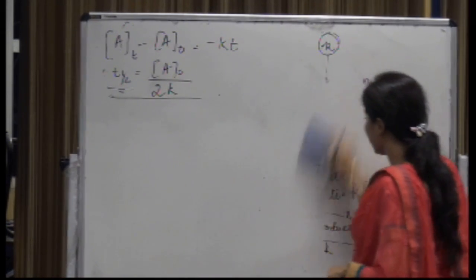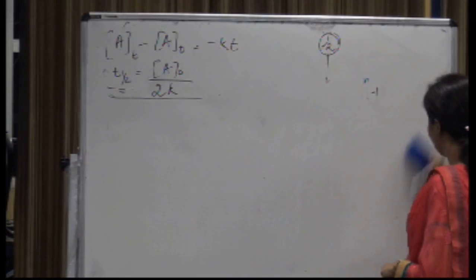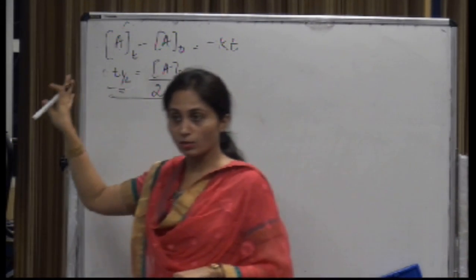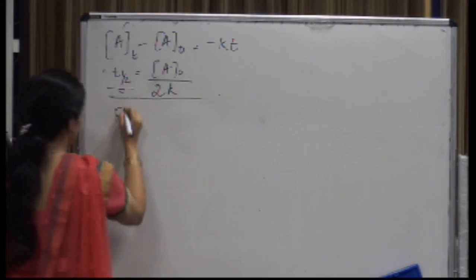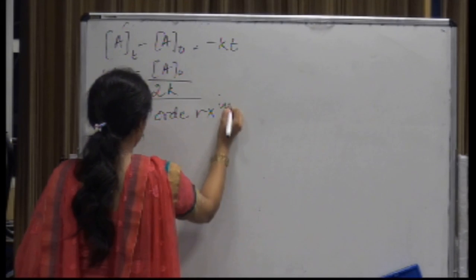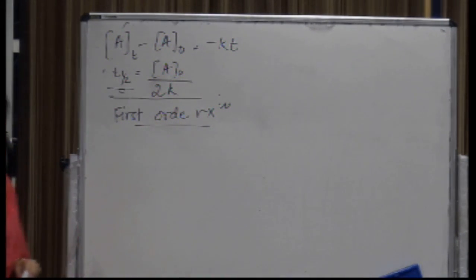you start with the first order reactions. This is all you have done for the zero order. Then you start for the first order reactions. Again, for the first order reaction, I will not be deriving it. You know how to do it.